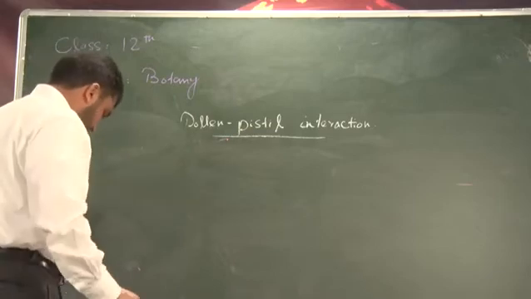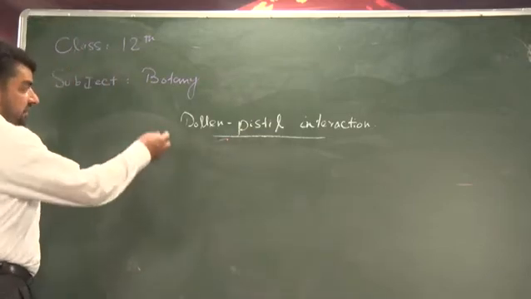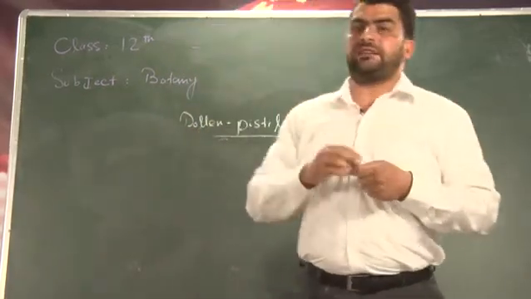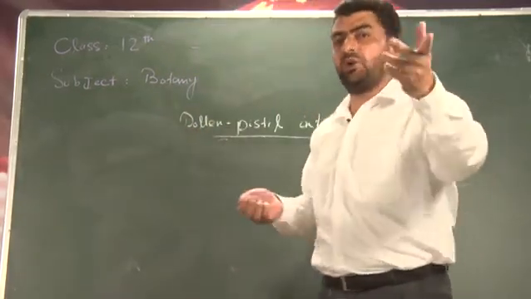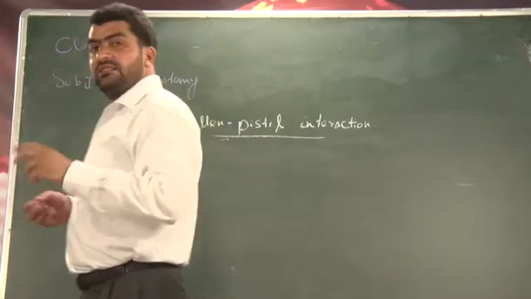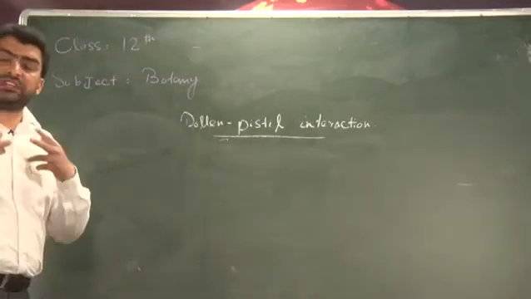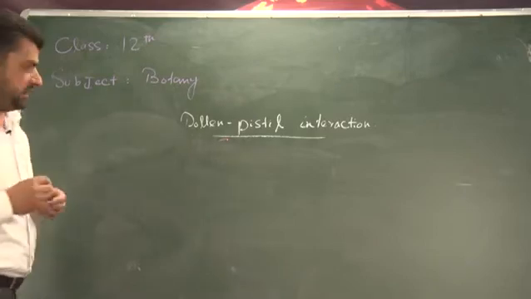Now, first, depending on the origin of the factors from the pollen side that decides the mating types, we have two different types of self incompatibility.